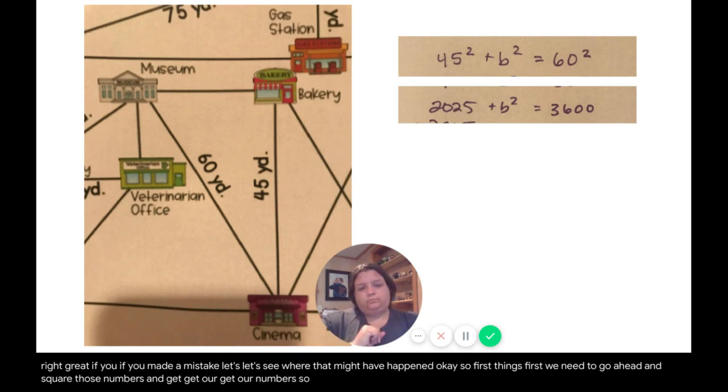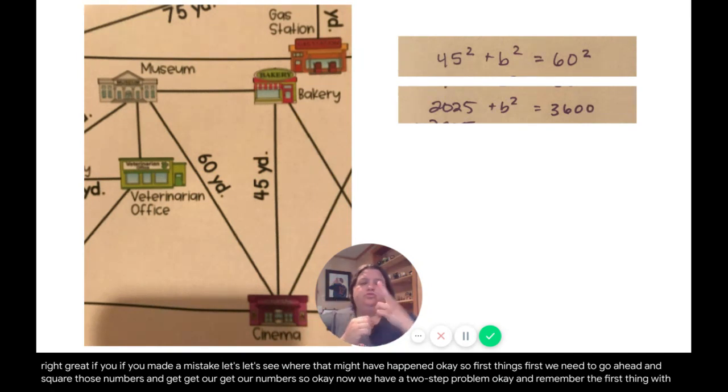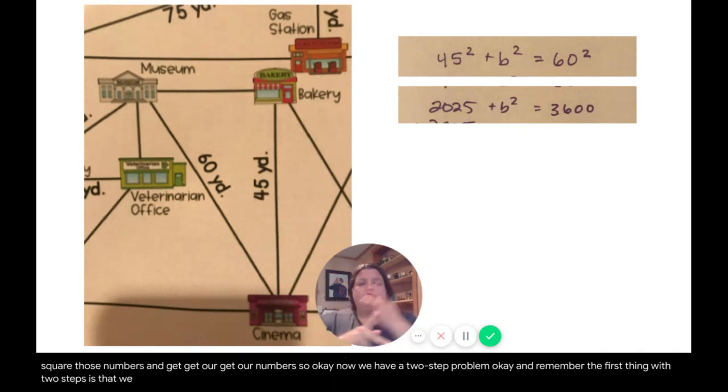Now we have a 2-step problem. Remember, the first thing with 2 steps is that we want to take care of the addition and subtraction first.